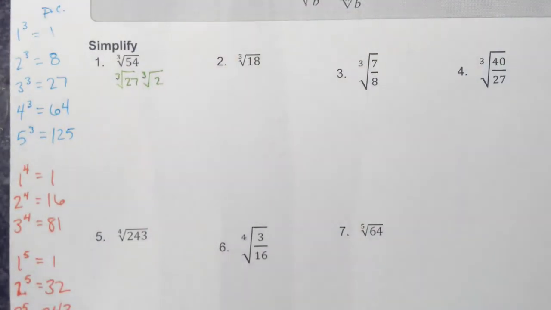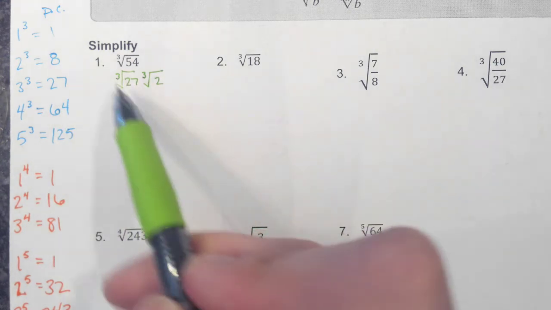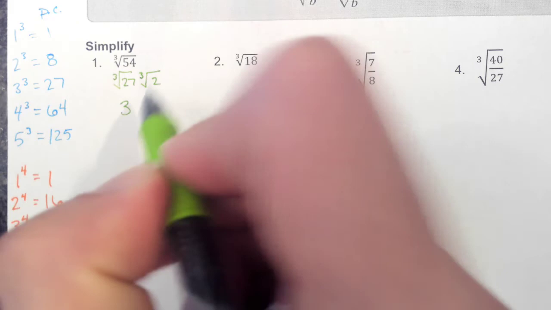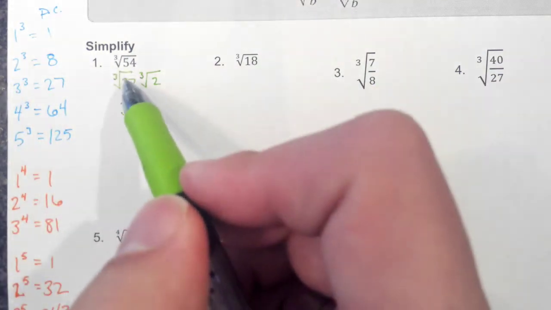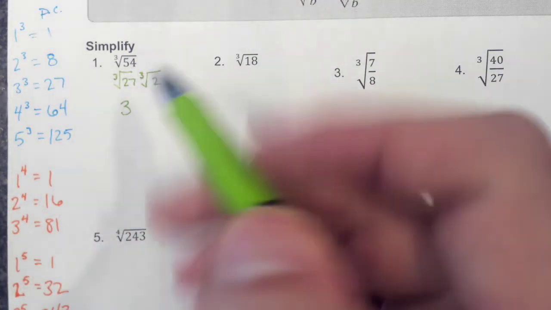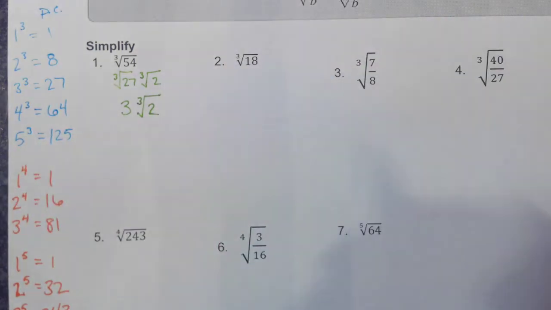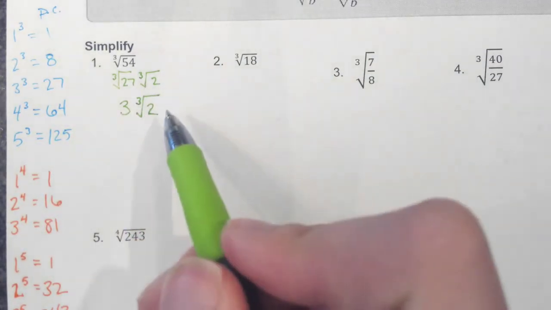So we separate this into the cube root of 27 times the cube root of 2, since 27 times 2 is 54. What's the cube root of 27? It's 3, and it comes out of the radical. And then we would have the cube root of 2 left over. So it's 3 cube roots of 2.